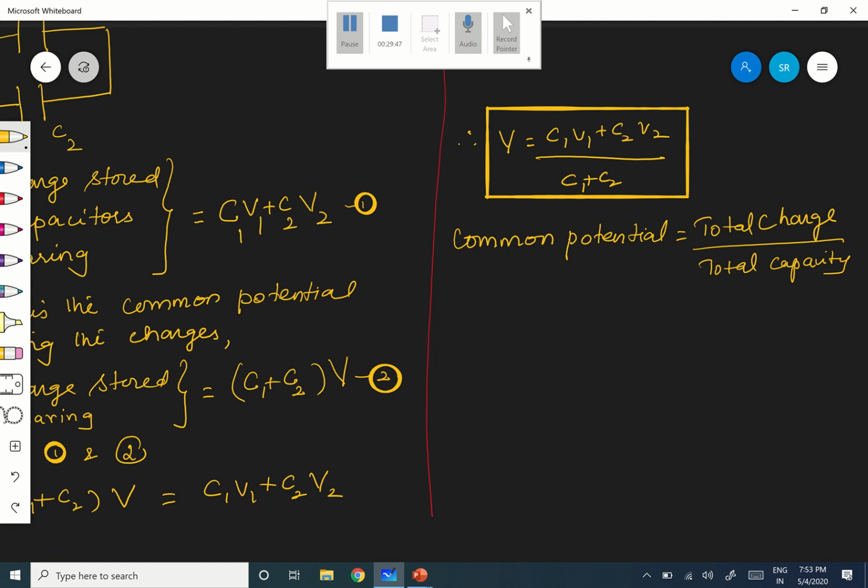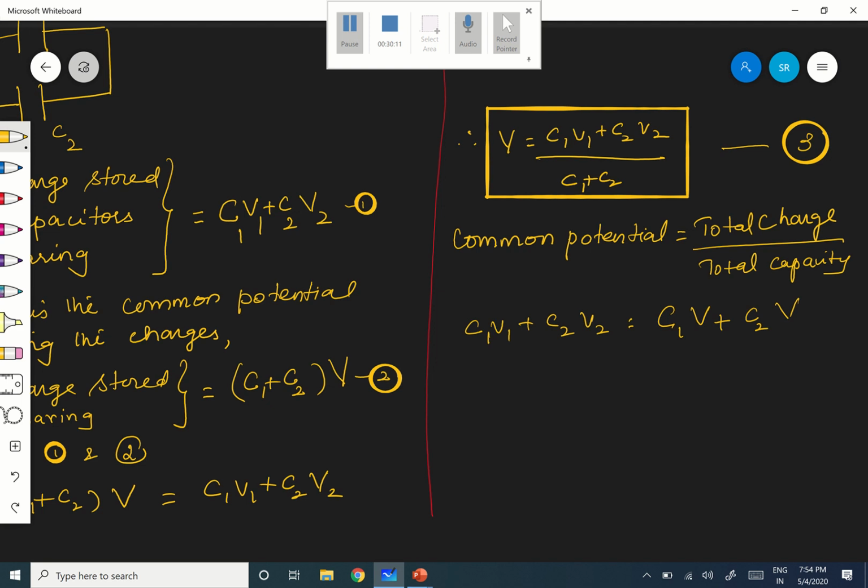Let this be equation 3. Now from 3, C1V1 plus C2V2 is equal to C1V plus C2V, correct?